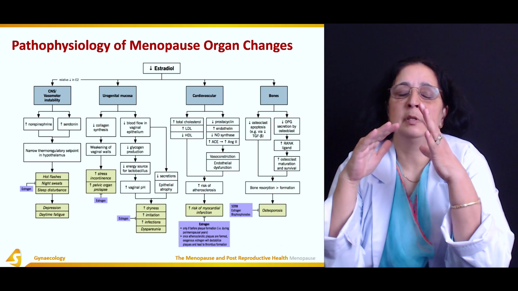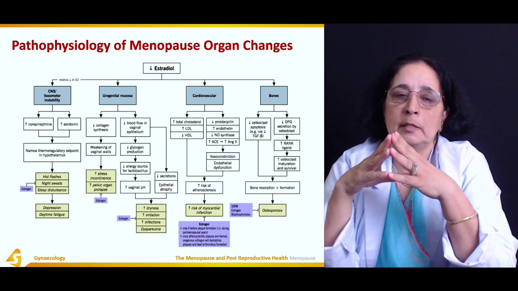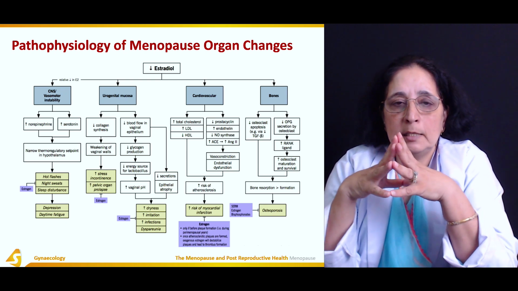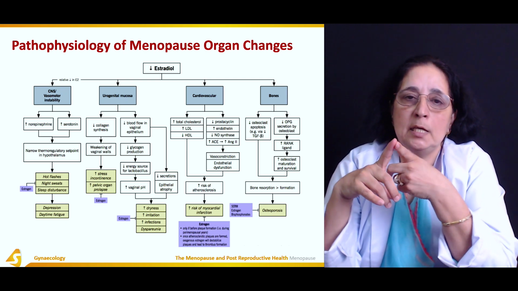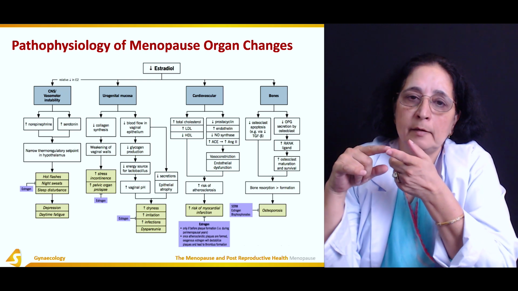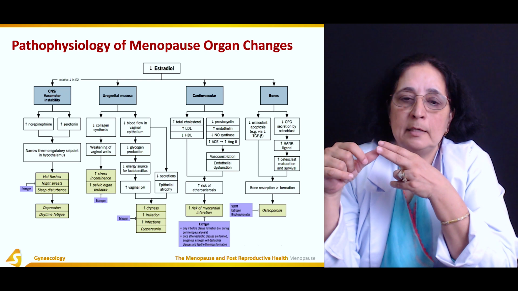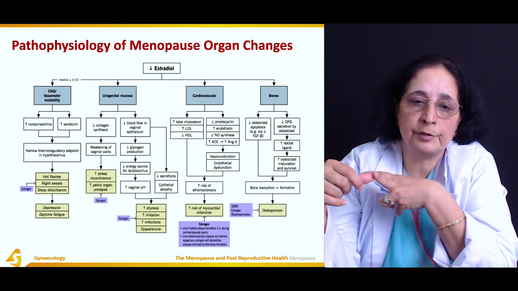So what happens in the central nervous system and vasomotor instability? Mainly two things are involved: an increase in the level of norepinephrine and an increase in the secretion of serotonin.